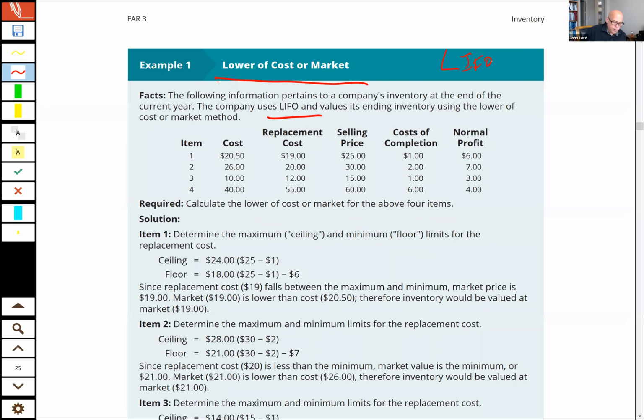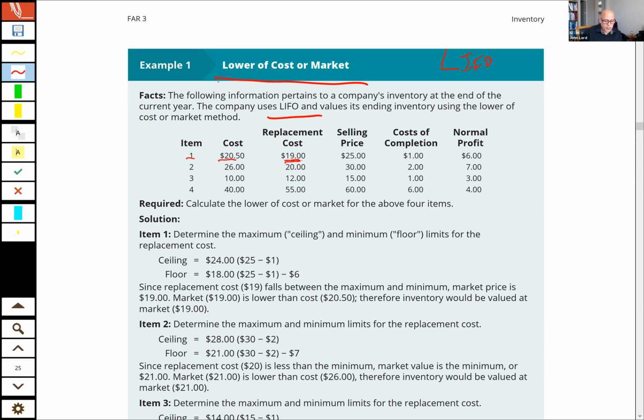LIFO is only used by US GAAP. And for LIFO, notice they give me the cost. Let's look at this first item. They give me the cost. I have to see if the market has fallen below that cost, because if it has, under lower of cost or market, I'd have to bring it down to that lower cost. So they give me replacement cost.